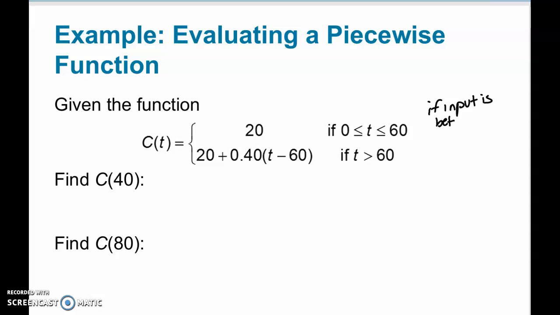Because I have this less than or equal to sign, it's including the two endpoints. If the t value is between these two numbers, then you are going to choose the piece that corresponds. The piece that corresponds is 20. So you're going to choose this as the function to use.